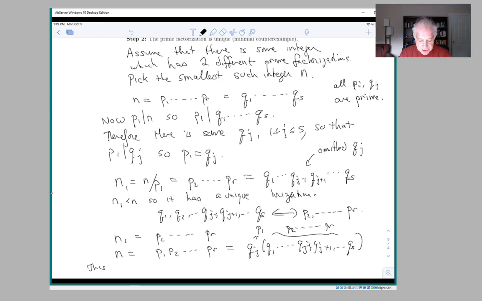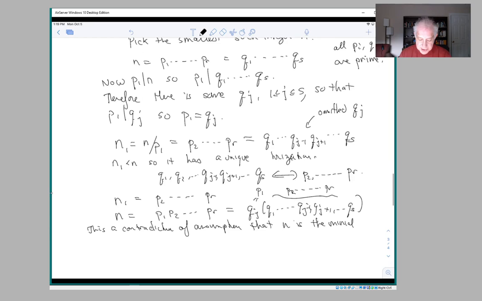So this is a contradiction of the assumption that n is the minimal natural number that doesn't have a unique factorization.